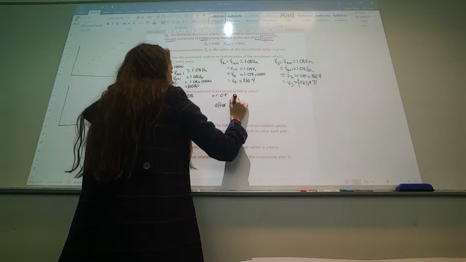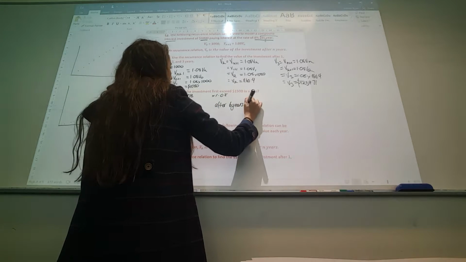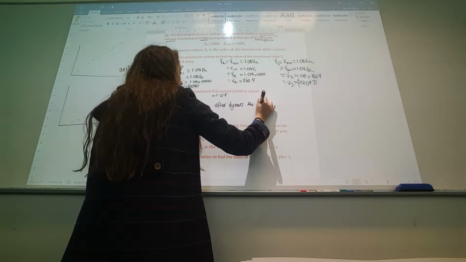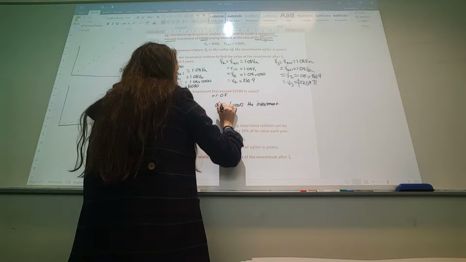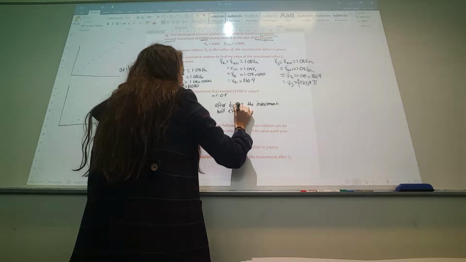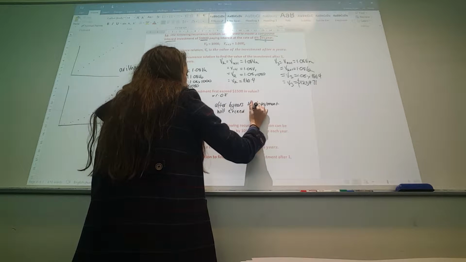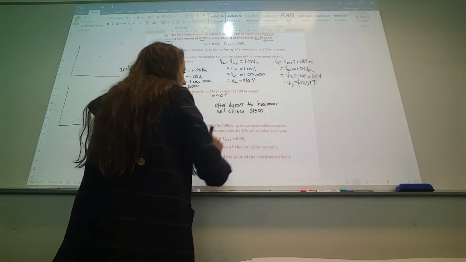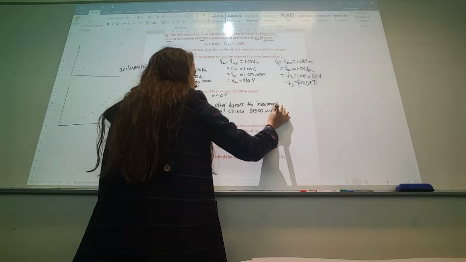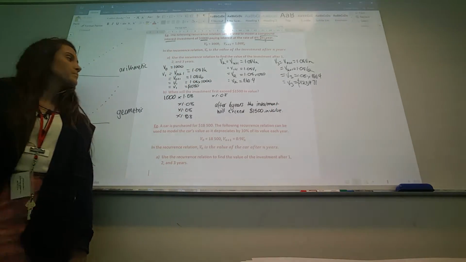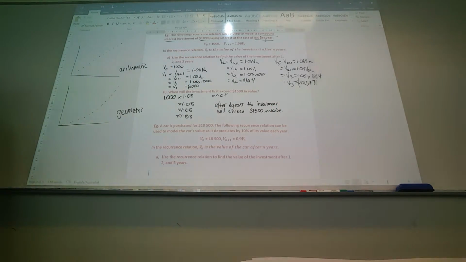So after 6 years, the investment will exceed $1,500 in value. Is 6 years when it's 1,500 though? Doesn't it have to get higher?